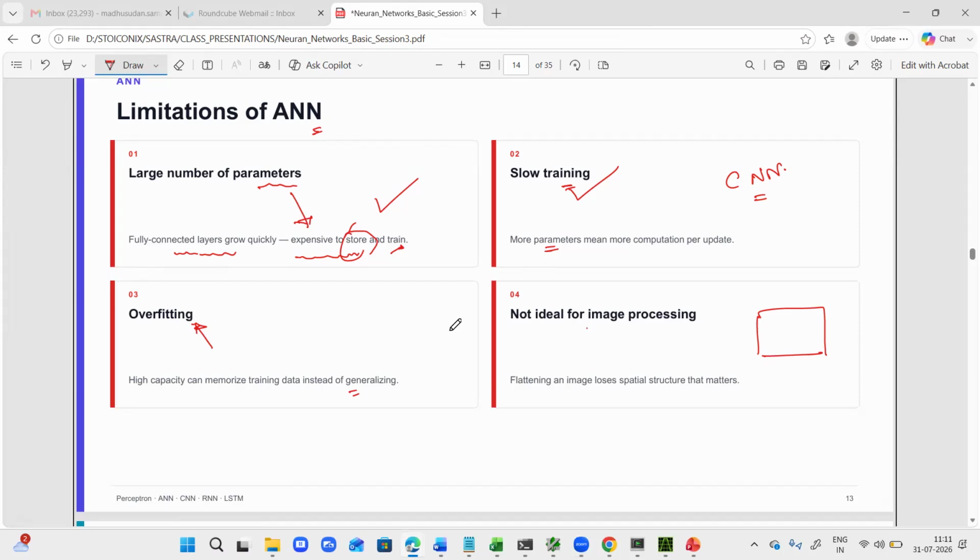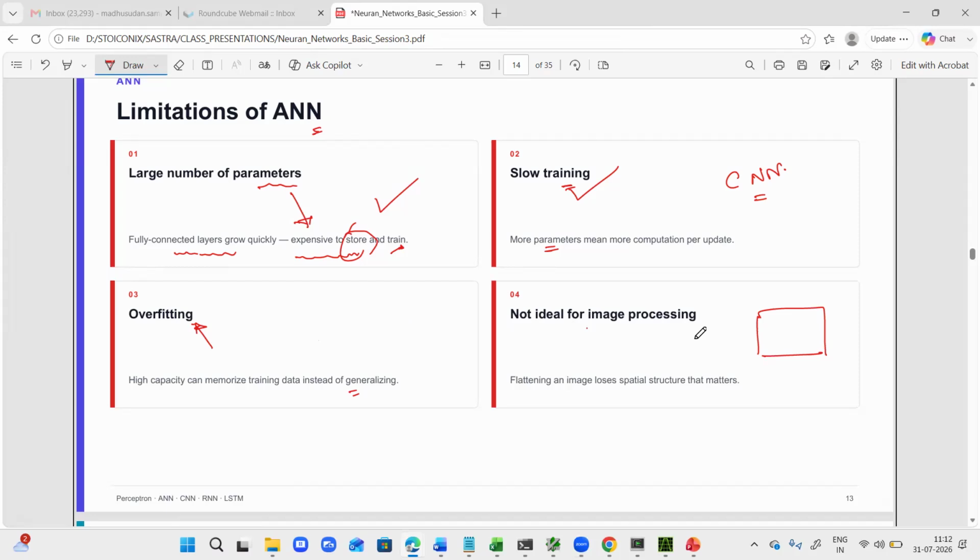Then the problem of overfitting happens, where it sticks mostly to the training data it has seen and does not predict correctly over a period of time. And because images tend to be hierarchical, ANN is not suitable for image processing.